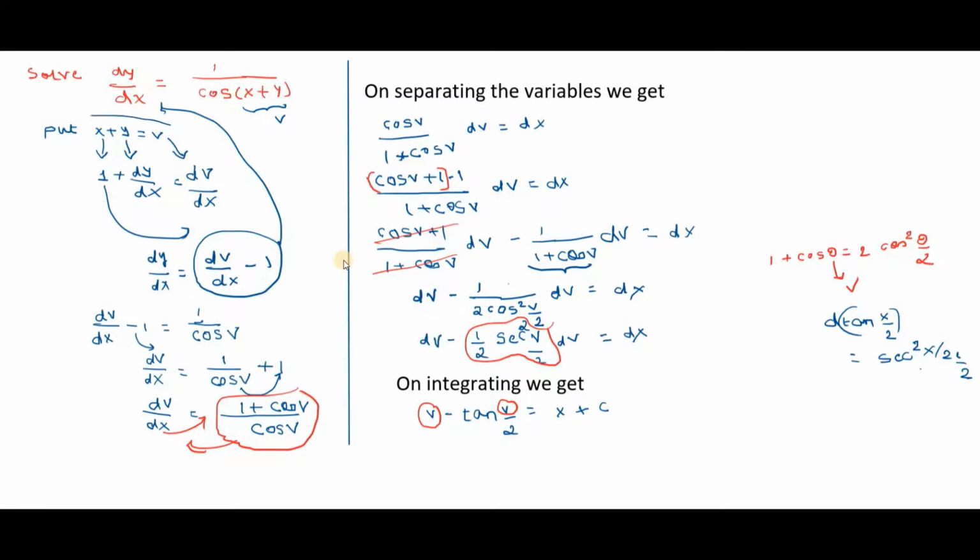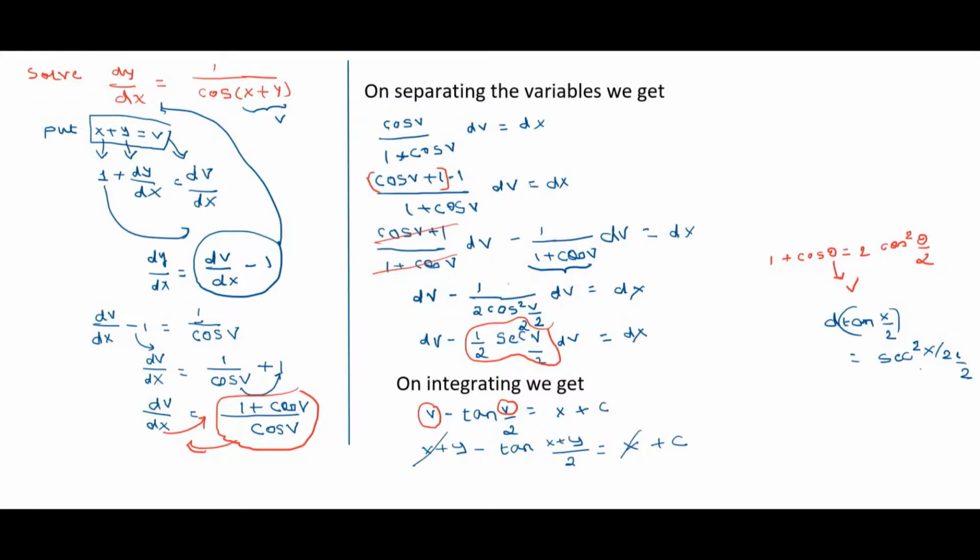So at last we can write it as x plus y minus tan of x plus y divided by 2 is equal to x plus c, where the x on both sides gets cancelled.